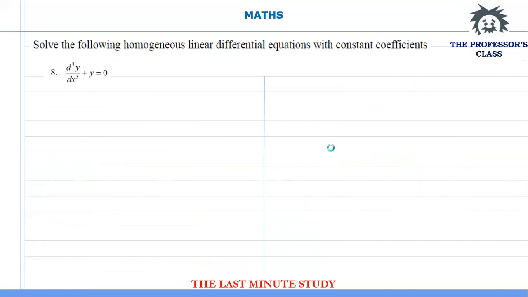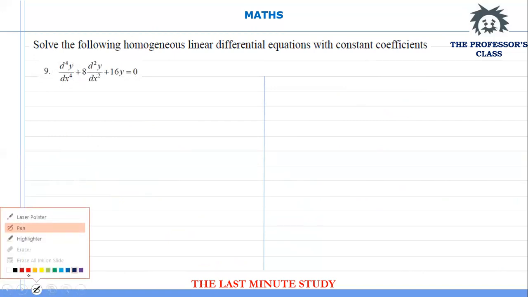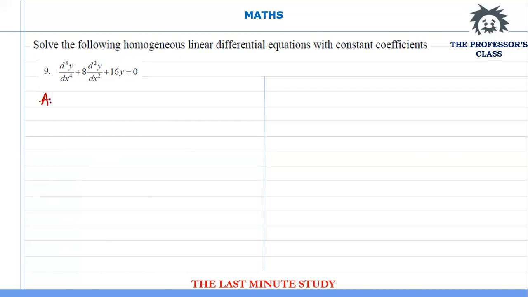Let's solve the next question. Okay, so over here we have four roots. So the auxiliary equation will be given as m raised to 4 plus 8m square plus 16 is equal to 0. Now over here, this equation in simple terms can be written as m square plus 4 whole square equal to 0.